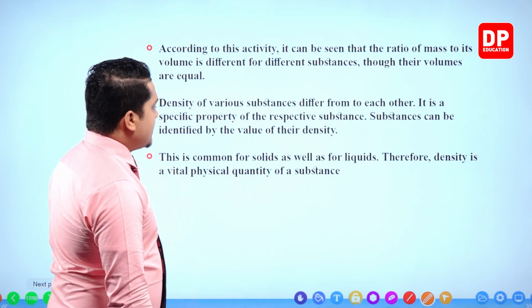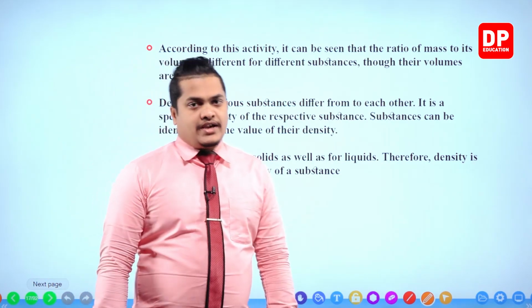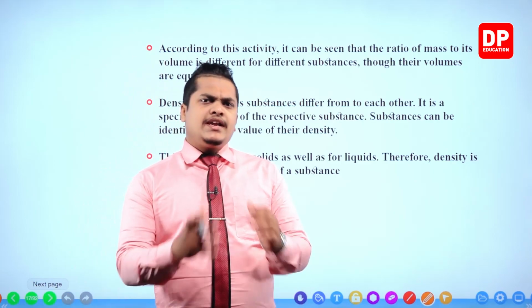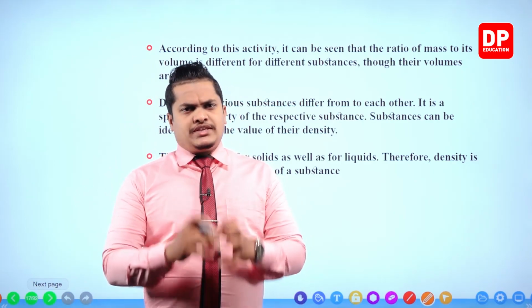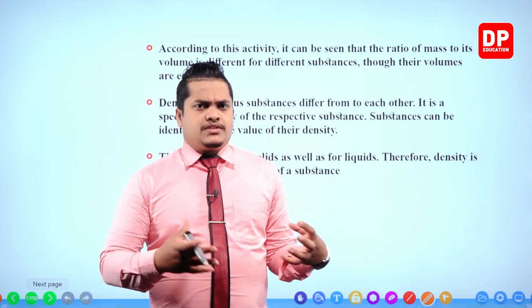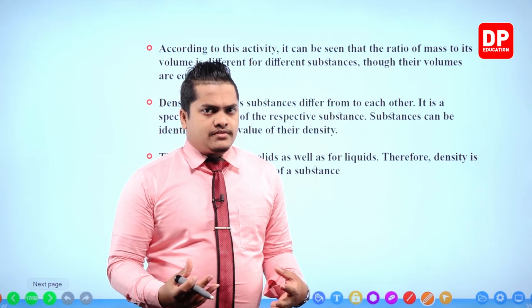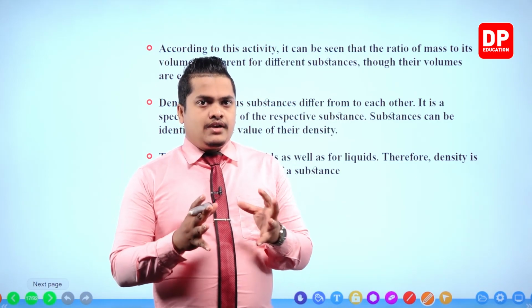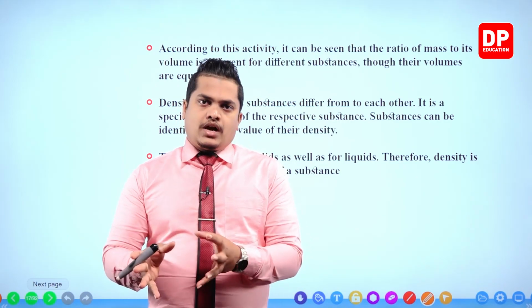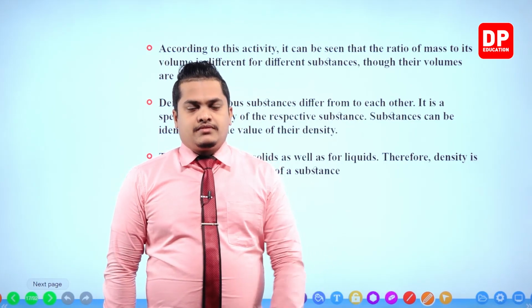Substances can be identified by the value of their density. Like I said, my dear children, we can identify substances by using the density. We can identify whether the substance is a pure substance or not. Or else, if you can measure the density of a certain substance, then we can find out what kind of substance it is if you know the densities of substances.